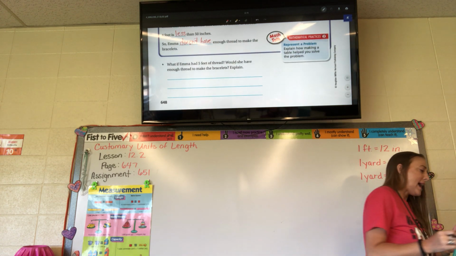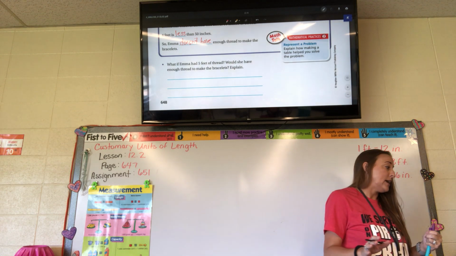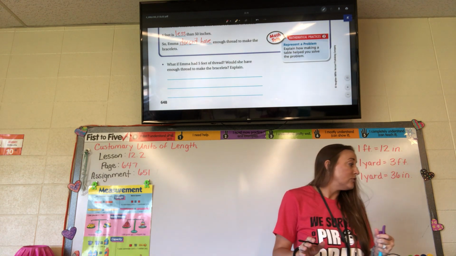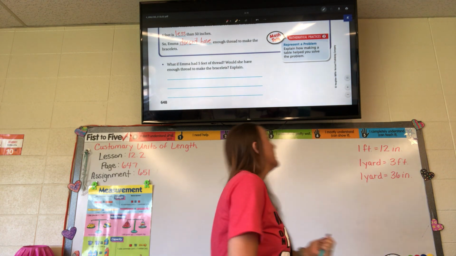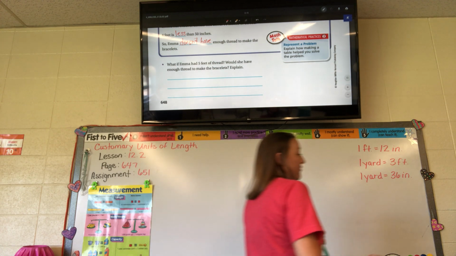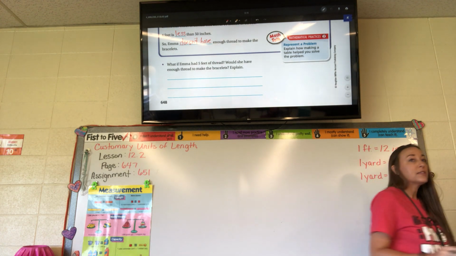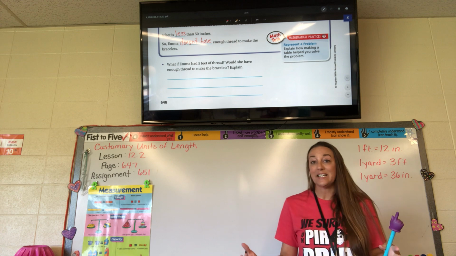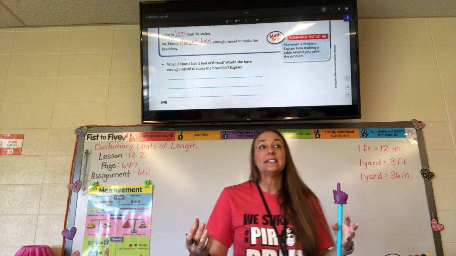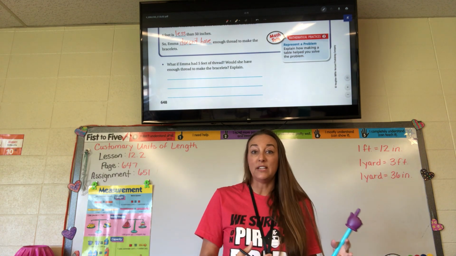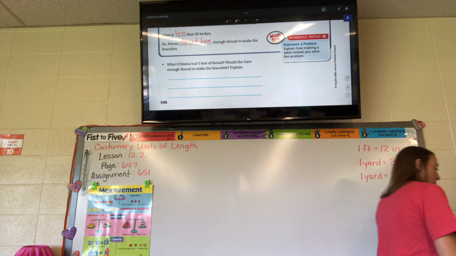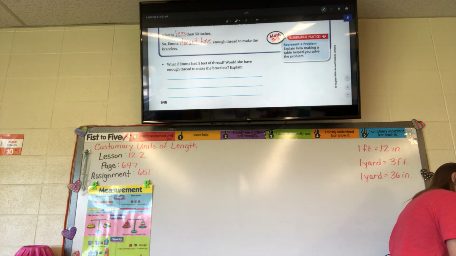What if Emma had 5 feet of thread? Would she have enough thread to make the bracelets? Now if we go back up, we found out before that 5 feet is 60 inches and 60 inches is greater than 50 inches. So if Emma had 5 feet of thread, would she have enough to make the bracelets?